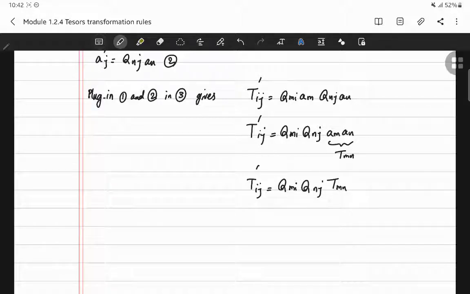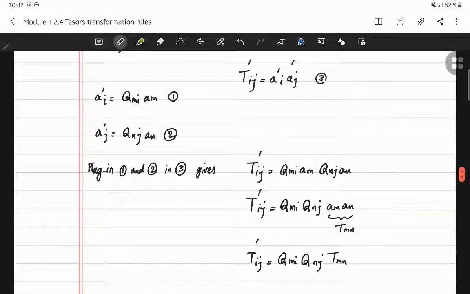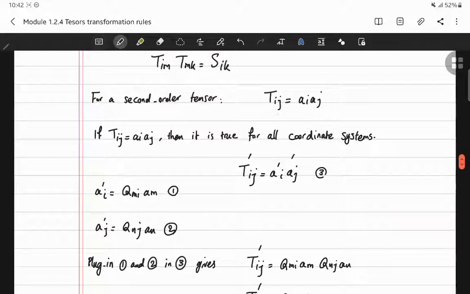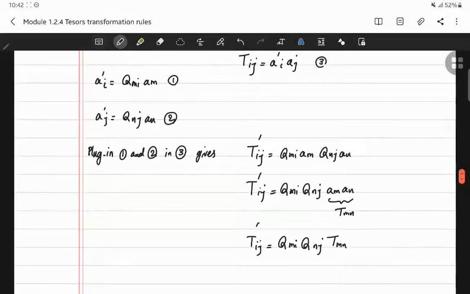And this is nothing but the transformation of a second order tensor. So these are the components of a second order tensor. So we made an assumption and we moved with this assumption, and finally we got the answer that we wanted. So the assumption we made is true.